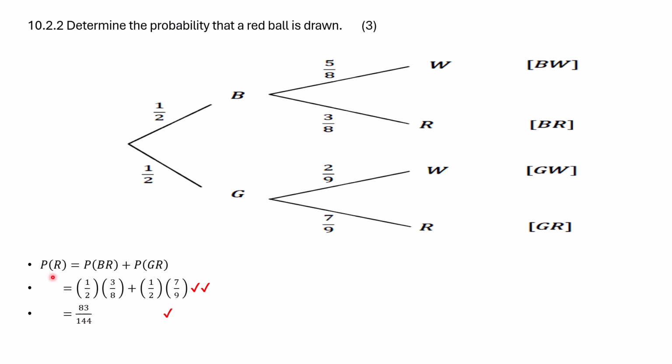So the probability I select red is equal to the probability of BR or the probability of GR. BR would be a half times 3 over 8. GR would be a half times 7 over 9. So 1 mark for each proper calculation of values placed in there, and then 1 mark for the final answer. And that's how we get you 3 marks.